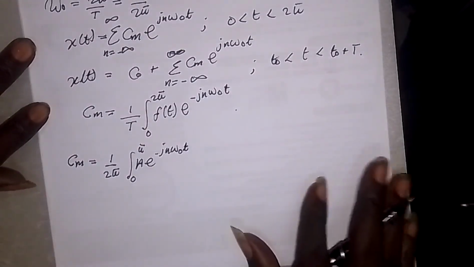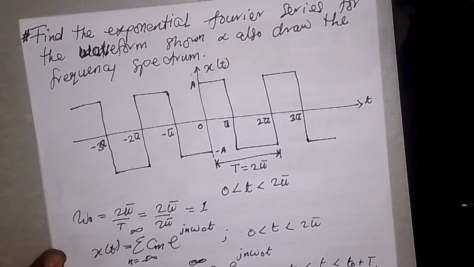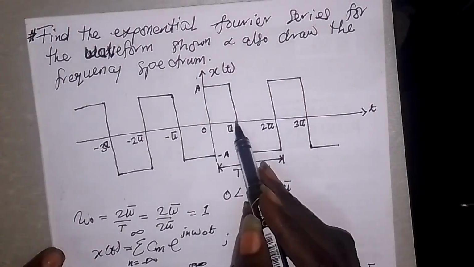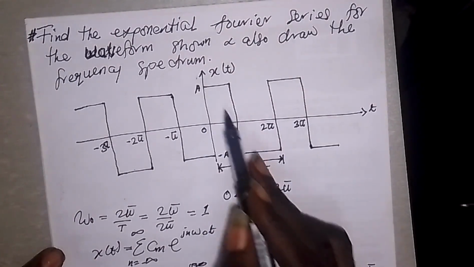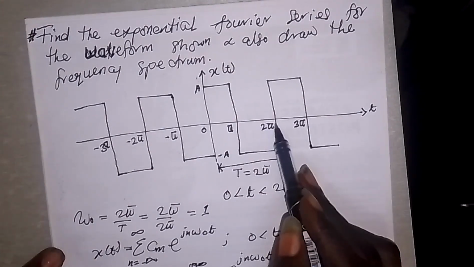Now if you look at this waveform, from 0 to pi the value is a, and from pi to 2 pi the value is minus a.